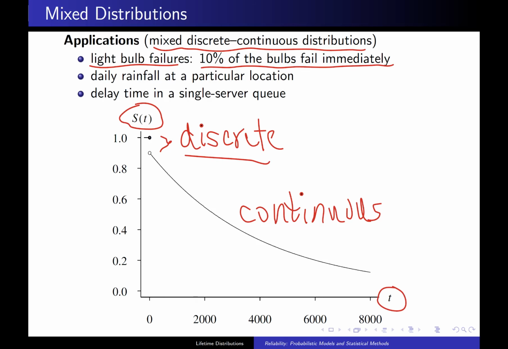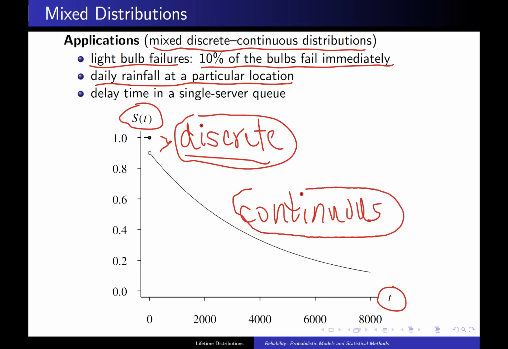Outside of reliability, you can have the daily rainfall at a particular location. Now, in this case, that location would be a very rainy location because 10% of the days you get no rain, whereas 90% of the days you get rain, but the amount of rain is controlled by this survivor function.